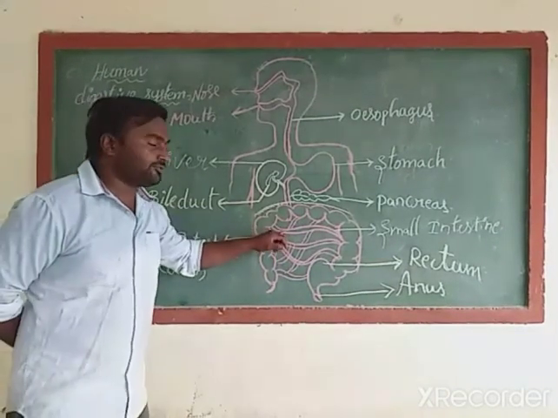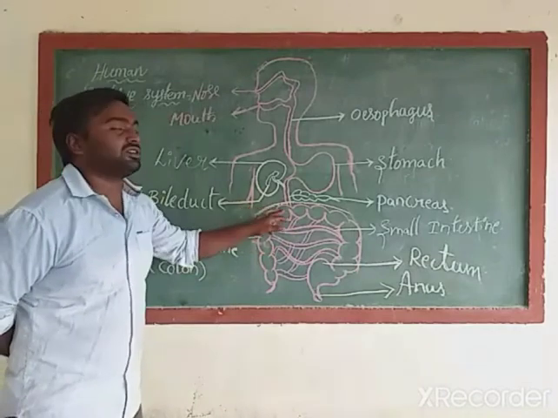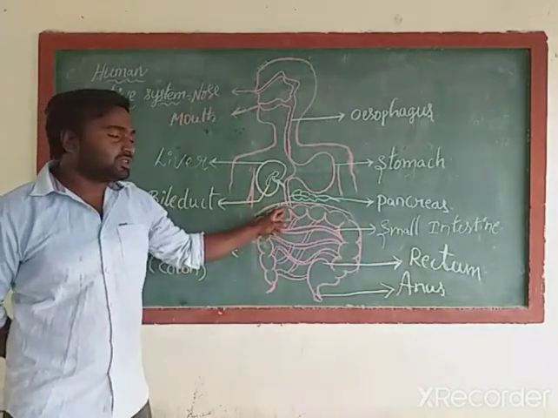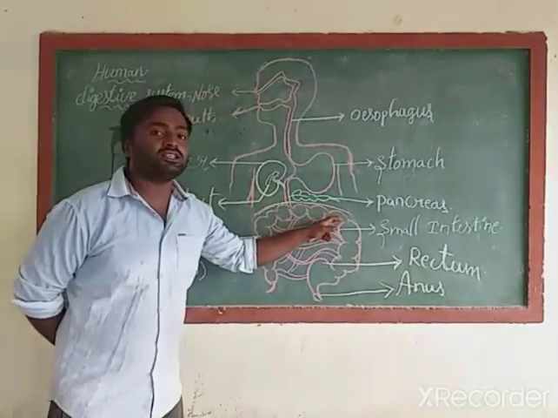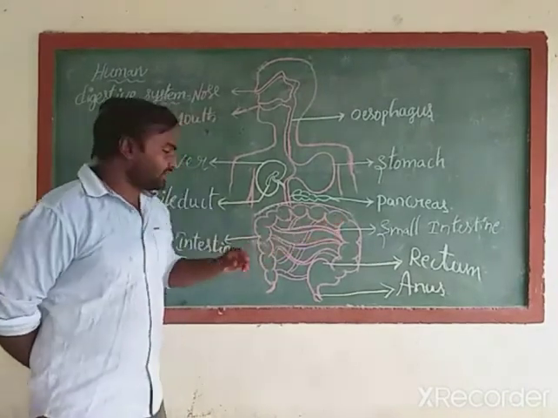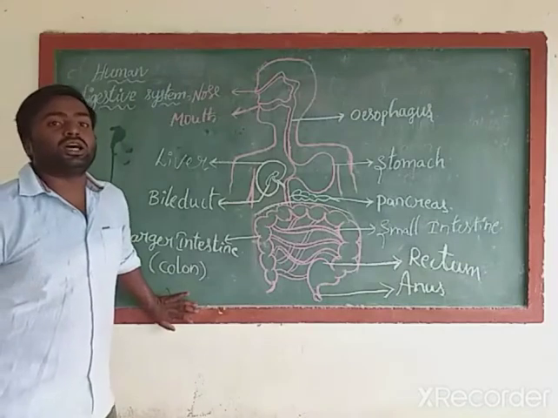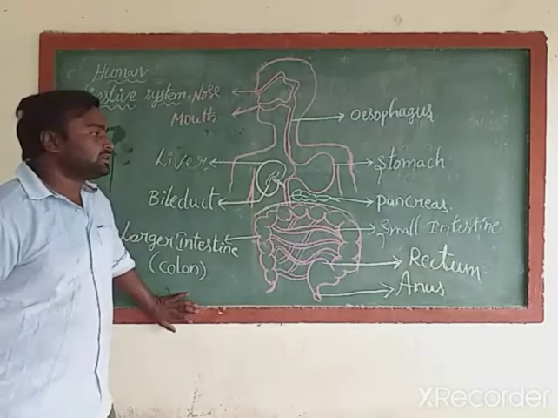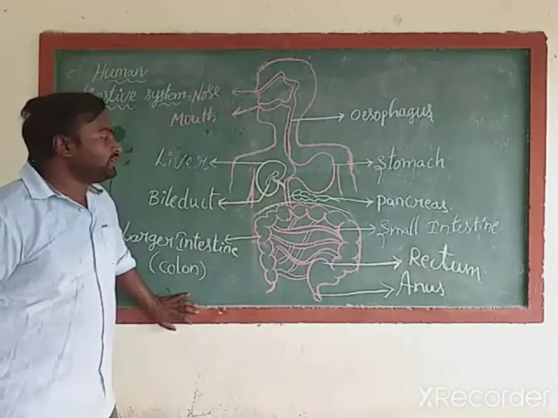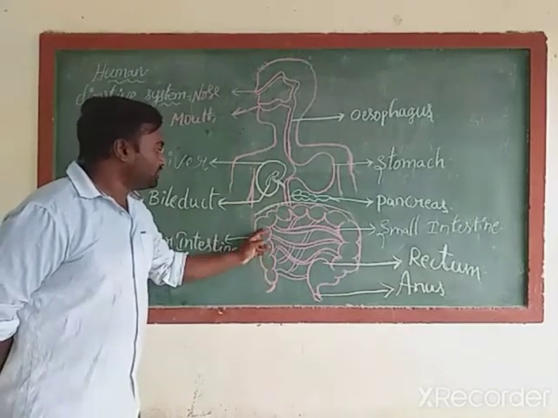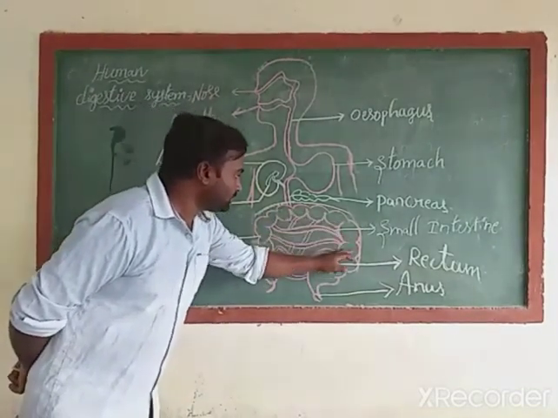Next, food material enters this larger tube-like structure. This larger tube-like structure is called the larger intestine. The larger intestine is also called colon. See, this total part is called colon.